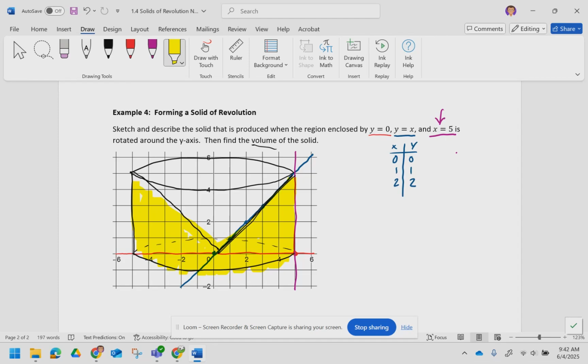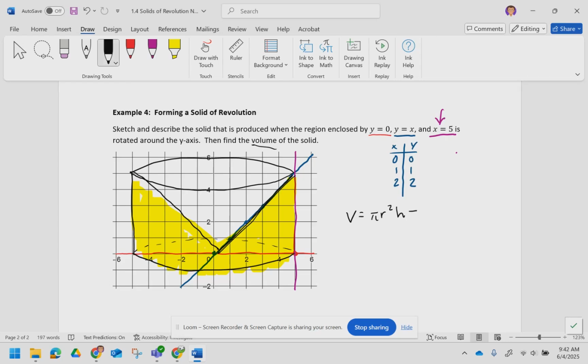All right, so let's go ahead and find the volume of the solid. The volume is first going to be the volume of the cylinder, subtract the volume of the cone. The volume of a cylinder is going to be pi r squared h.